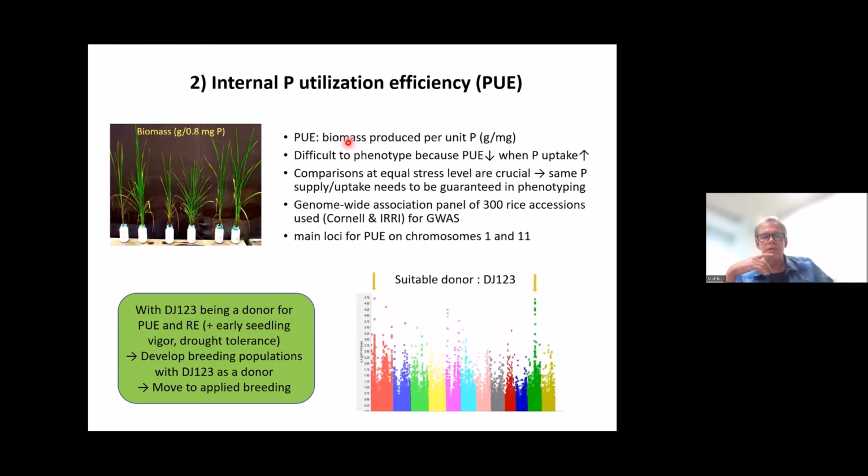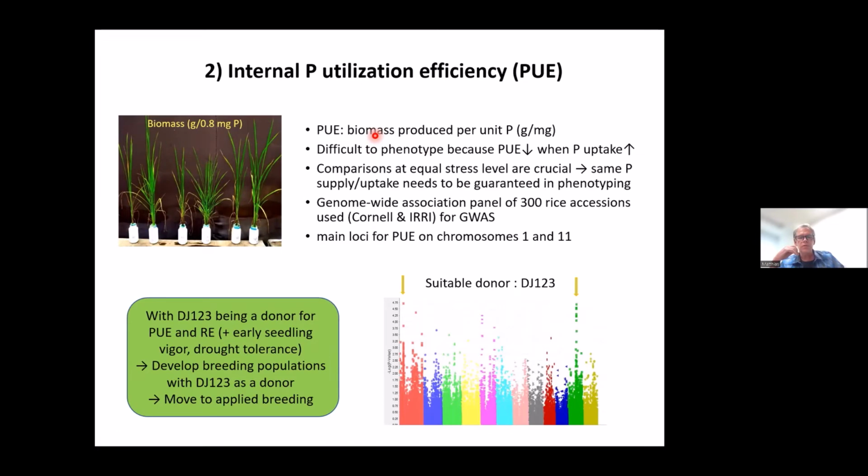Part of the difficulty is that PUE strongly decreases when P uptake increases. That has to do with the stress level plants experience. The more stress they have, the more efficiently they have to use the limited nutrient. So in phenotyping, it's very important to compare genotypes at an equal stress level.